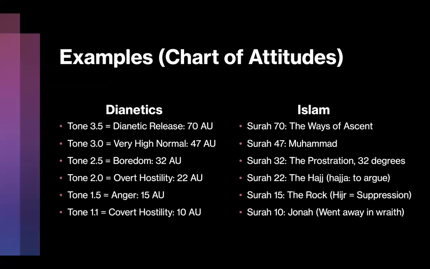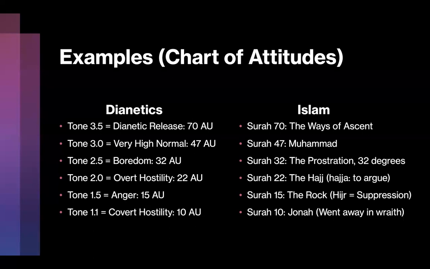So now if we can remember the tone scale, I automatically know that tone 2.5 is 32 attention units. So I know when I get bored, if I don't pray, I'm going to be hitting the ice cream. It's either prayer or a bag of Doritos or Fritos. Y'all with me?